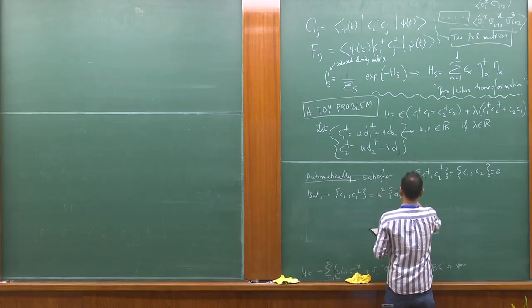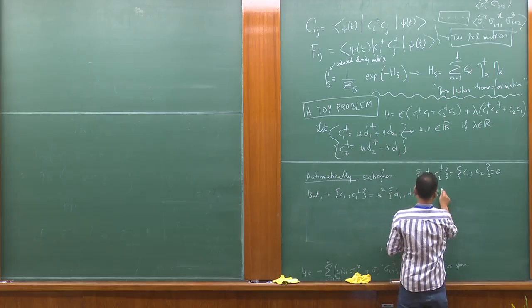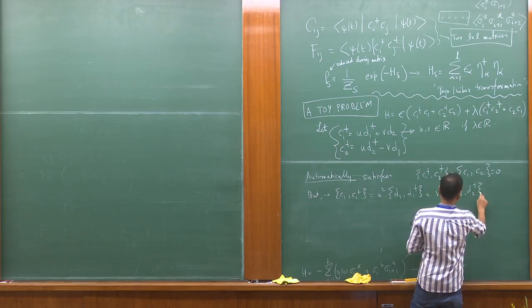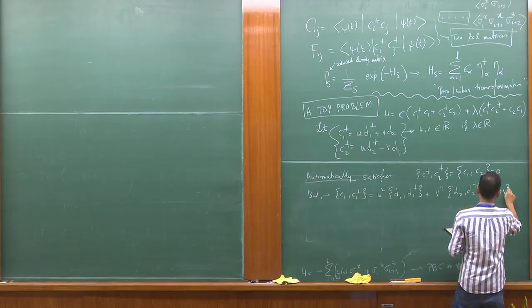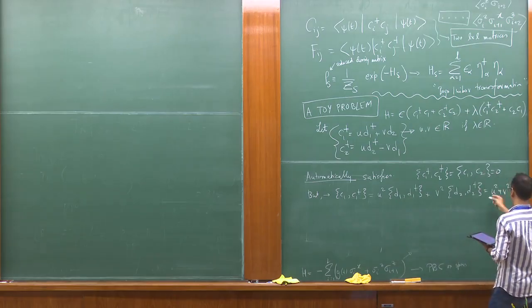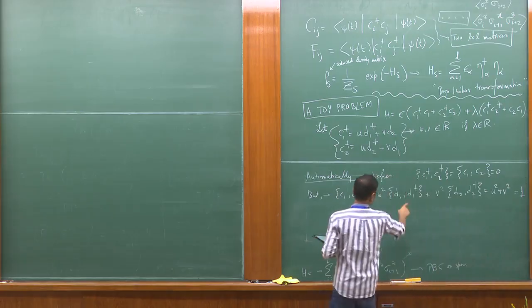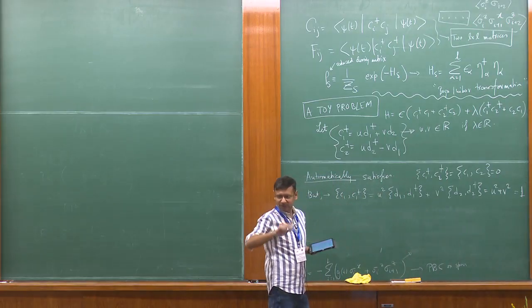Because I have assumed fermion algebra for these guys, this is equal to U square plus V square. But this I know should be 1, right? So I get a condition on U and V, that U square plus V square should be 1.